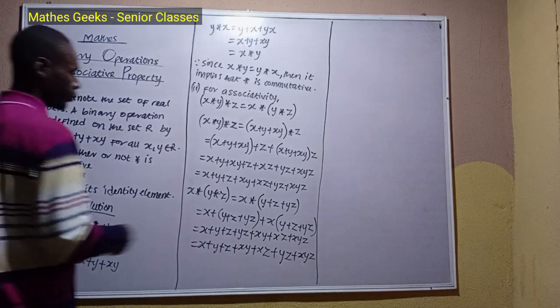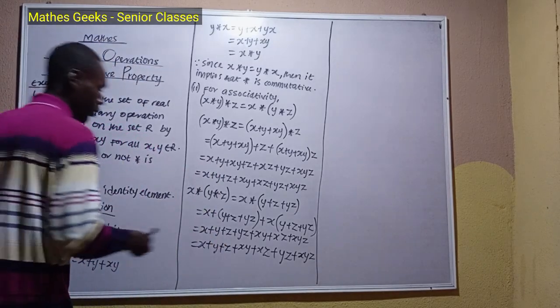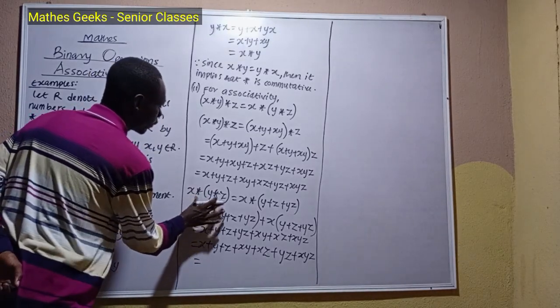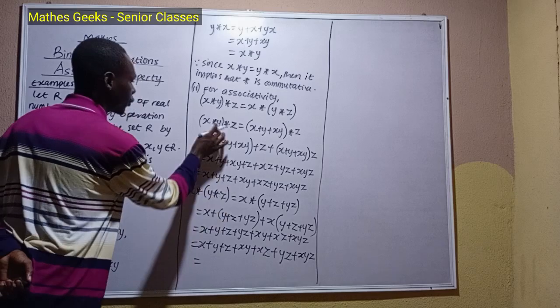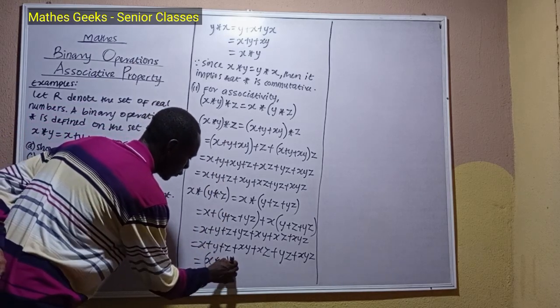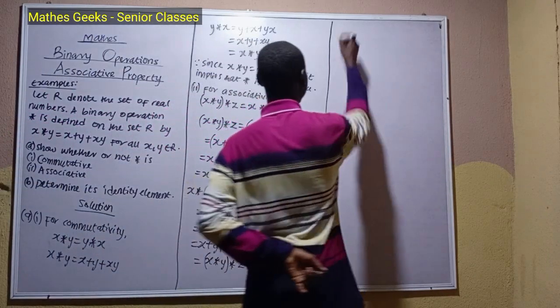So let's compare what we have here to what we have here. We discover that they are the same, and therefore x star y star z is equal to x star y star z. So let's give our conclusion.